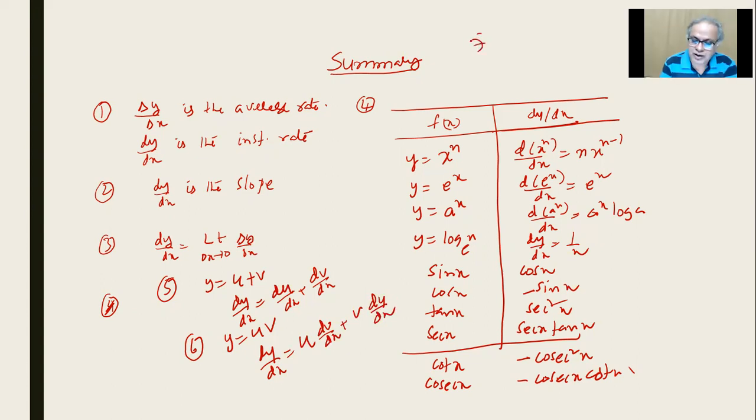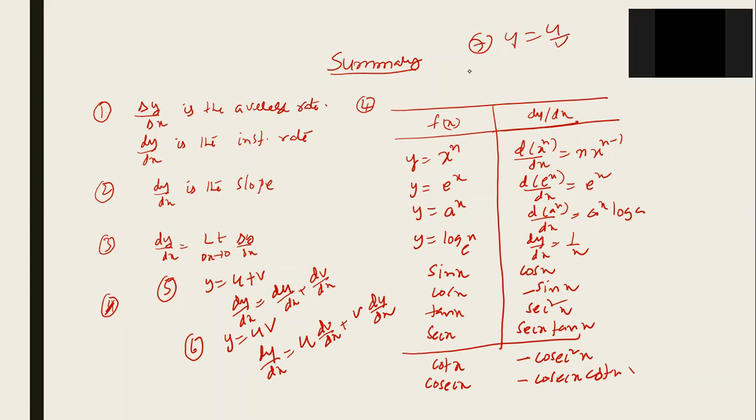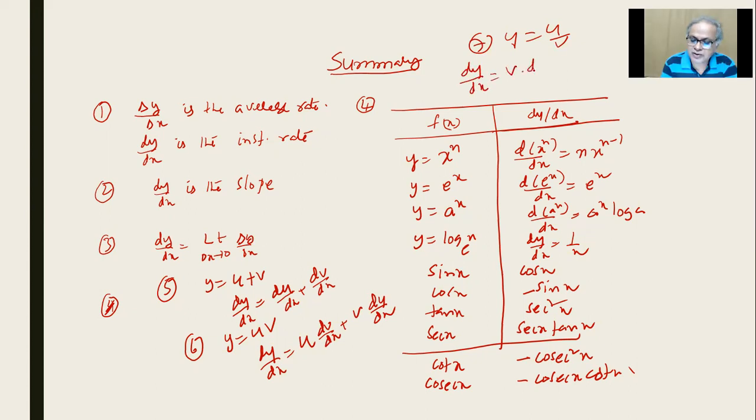And seventh one, if y equals u by v, dy by dx equals v times du by dx minus u times dv by dx, whole divided by v square.